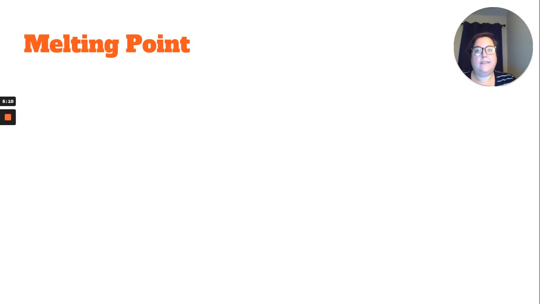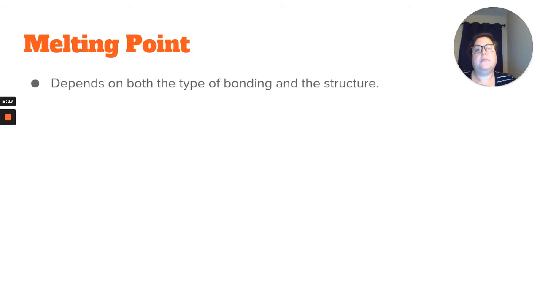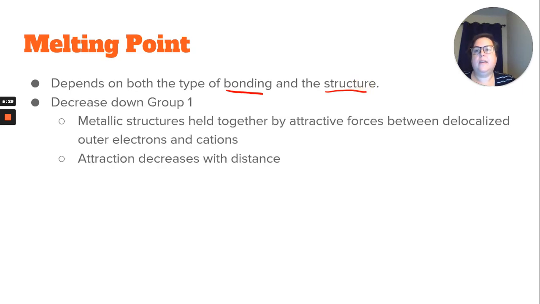The last trend we have is melting point, and this is something that we don't cover in Chem 1. It depends on both the bonding and the structure. So when we talk about bonding, we're talking about like metals and nonmetals. And then the structure, we're talking about like the size of the atom and what's holding those atoms together. So we look at it in two different ways.